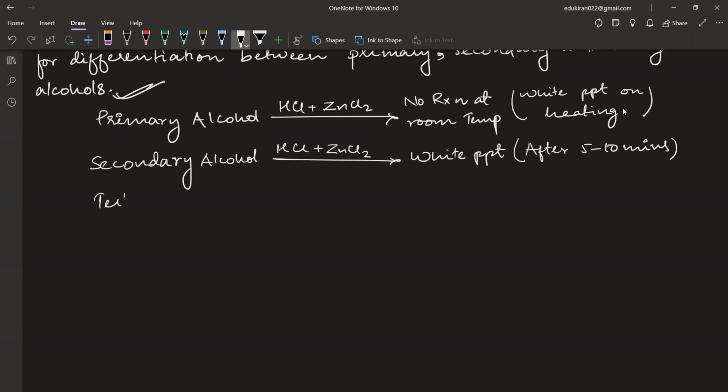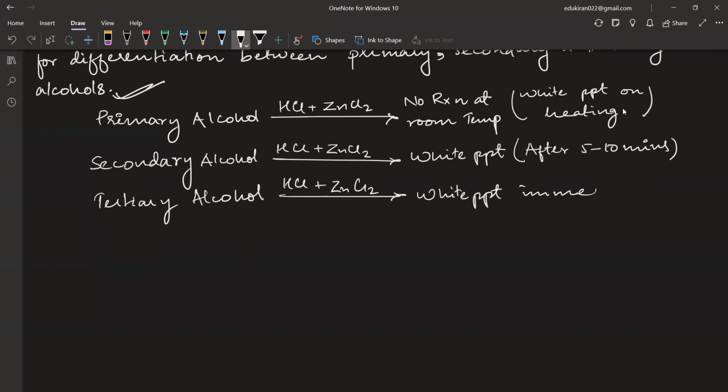And tertiary alcohol, if I use the same thing, HCl plus ZnCl2, then what is going to happen? I will be getting white PPT immediately. Okay, we'll be getting white PPT immediately.